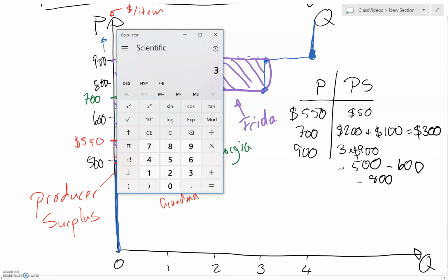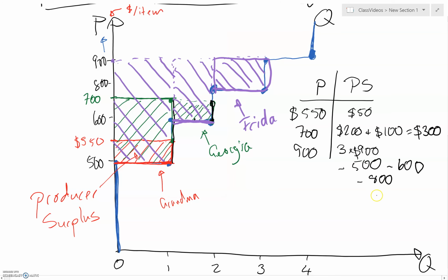So we've got 3 times 900 minus 500 minus 600 minus 800, which is a total producer surplus of $800.